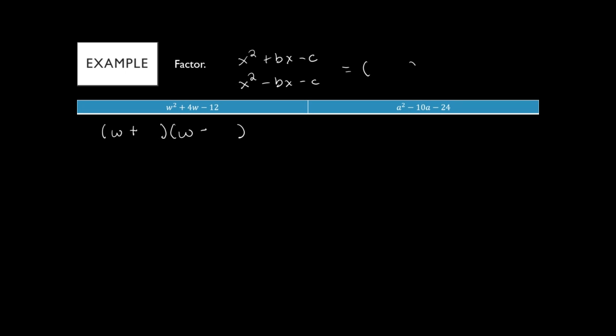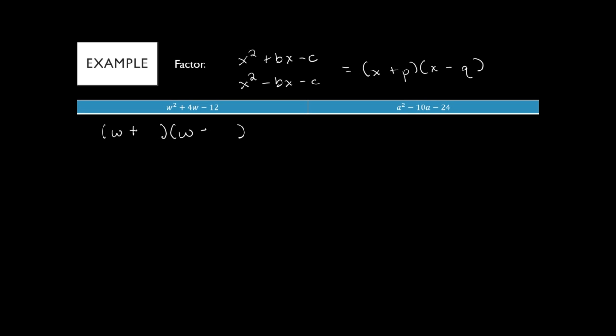And these all get set up as x plus x minus, and then two numbers. It's just a matter of which number goes where, because now they're not the same sign. But the basic rules are still applying.